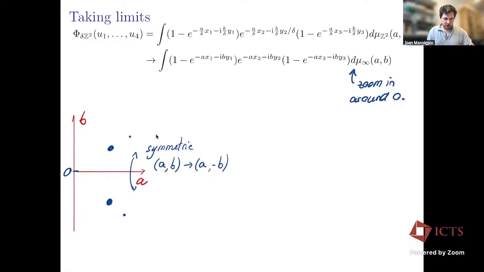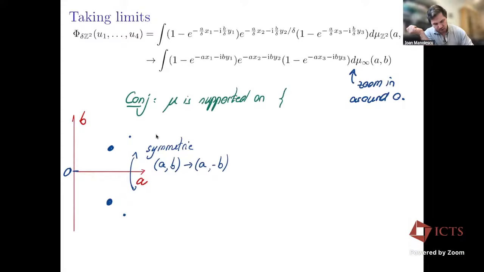Let me write the conjecture. What are the measures that give you the correct GFF 2-point function? They're necessarily of the type: they're supported on A squared equal B squared.